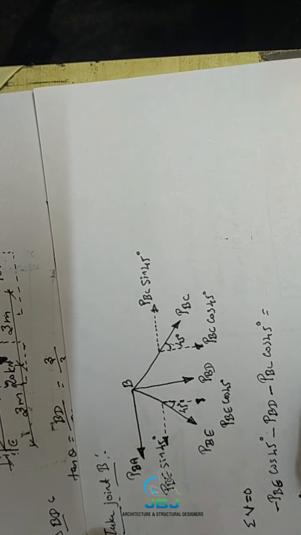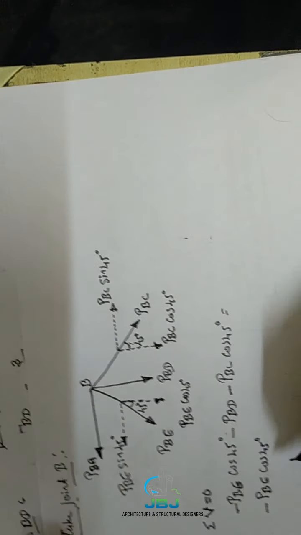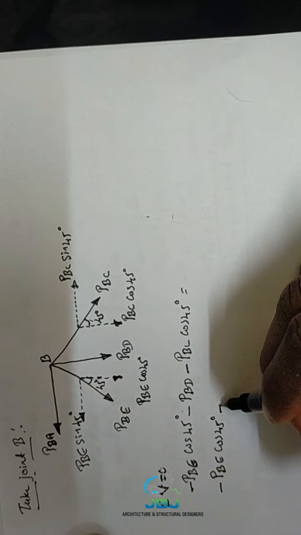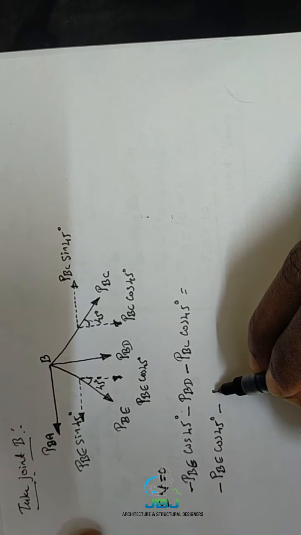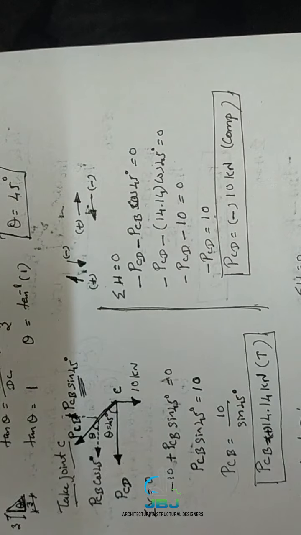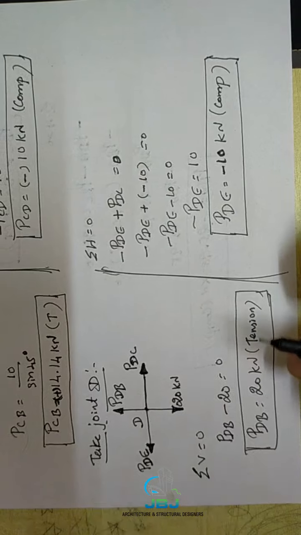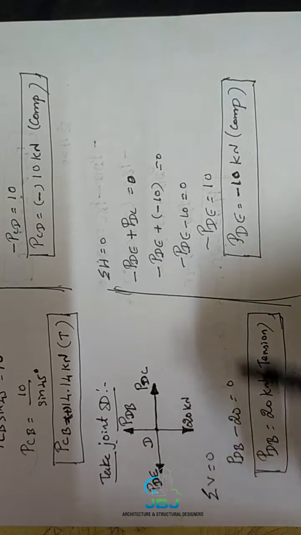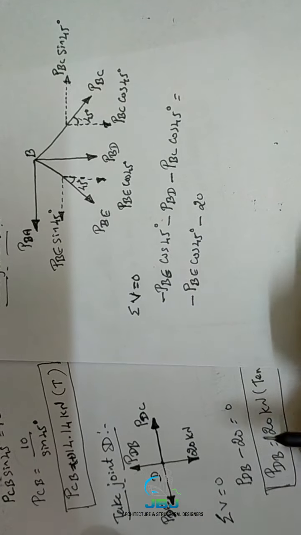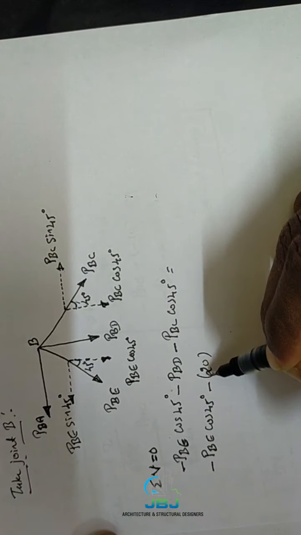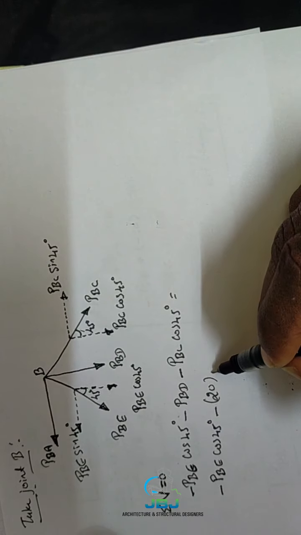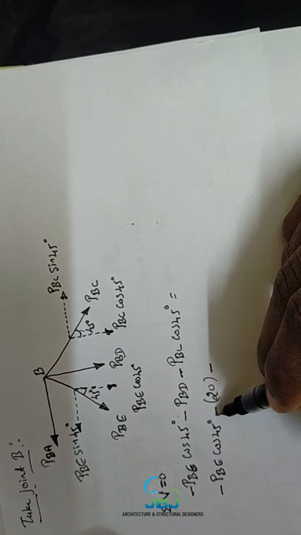You don't know the value of PBE, so you can write PBE cos 45 degrees minus, what's the value of BD? The value of BD is 20 kilonewton. Already you know. Just put that value here. Here you get the positive result, so no need to change anything. So 20.